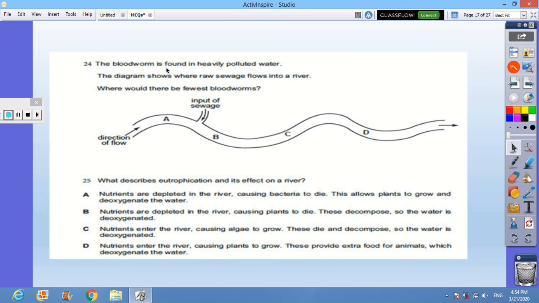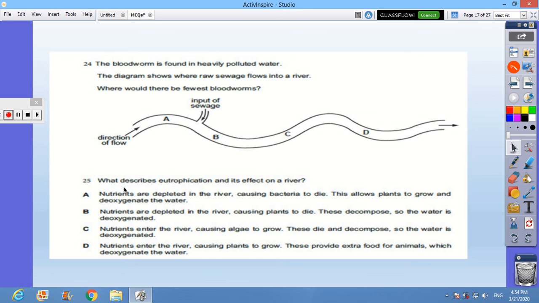Again, the bloodworm is found in heavily polluted water. The diagram shows where raw sewage flows into a river. Where would there be fewest bloodworm? Must be A. Wherever I don't have any sewage.